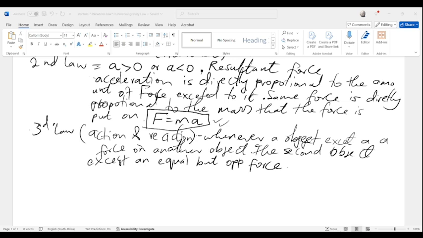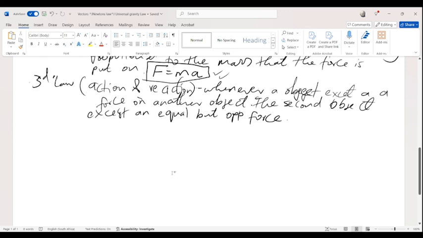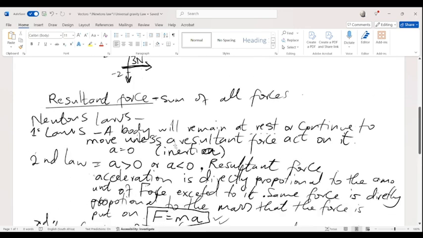Now I'm gonna talk about the resultant force, which was the topic I introduced earlier on.